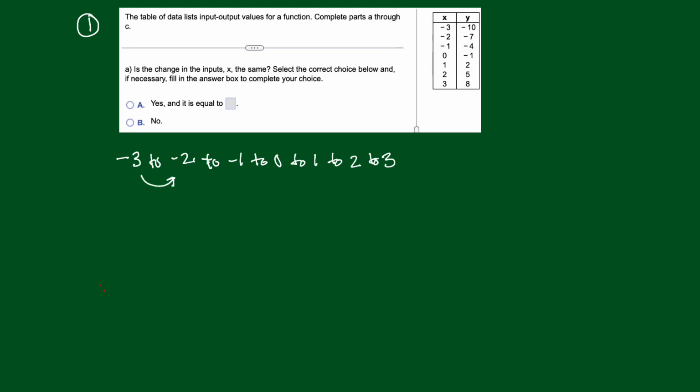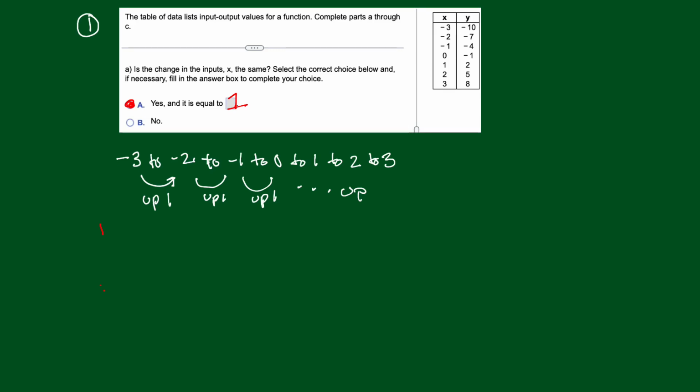Look what we did here. We went up 1, up 1, up 1. In each case, we're going up 1. All right, so the answer to this is yes. So I'm going to say yes, the changes in the x's, the inputs, are the same, and it's equal to 1 unit.